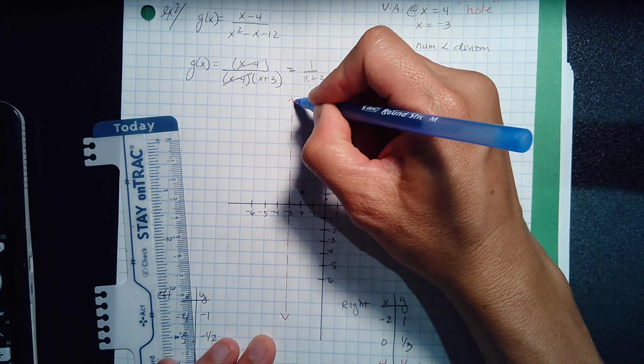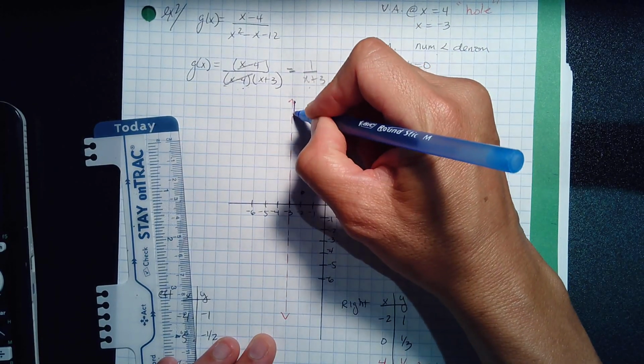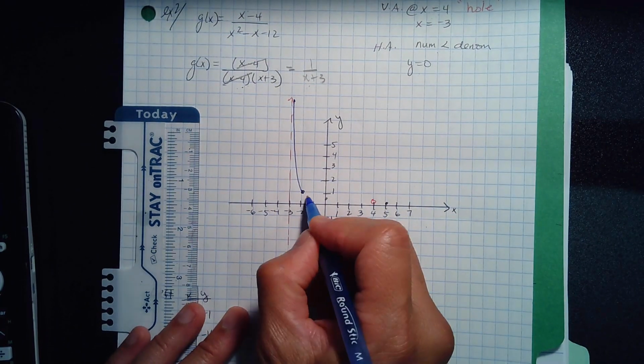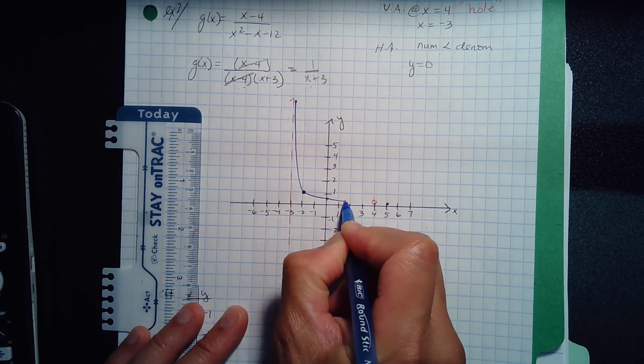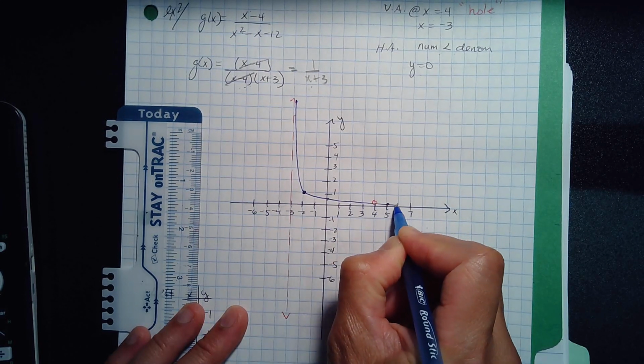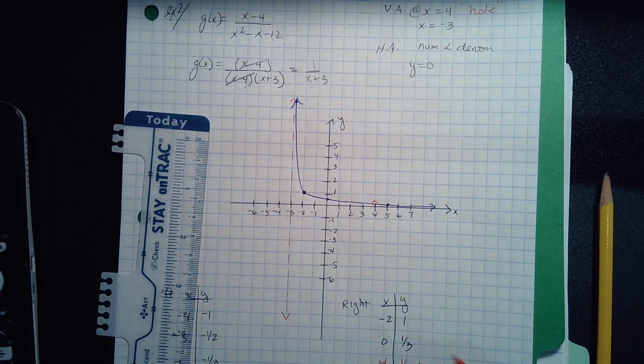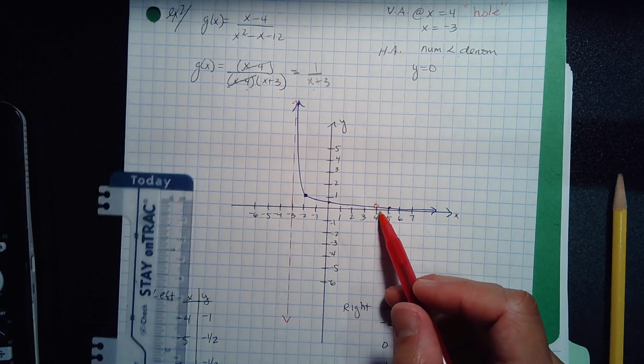So again, these asymptotes act as a boundary, and it just helps us guide what the graph is going to look like. So this is what you call a hole, because there's a hole in the graph.